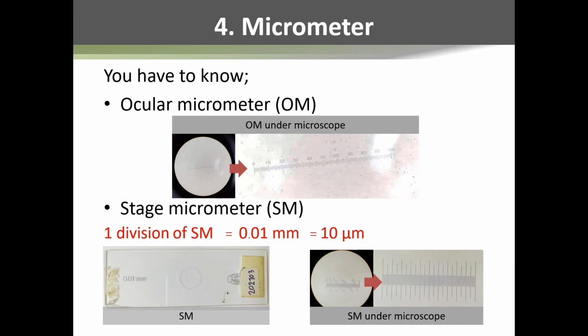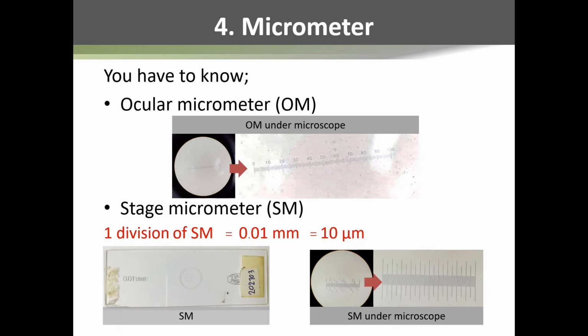A stage micrometer is a slide with a known dimension edge on its surface. The stage micrometer is placed directly on the stage of the microscope. The scale of the stage micrometer was electronically divided and contains 100 divisions in 1 millimeter.